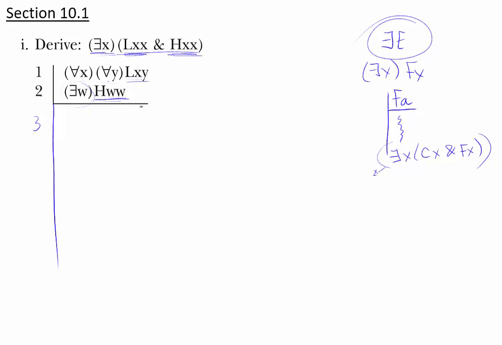So if we start with Hww and assume, for the purpose of existential elimination, some instantiating constant, let's call it a. What can we do with that then? Well, one of the things that we can do with that is try to get it into that form.